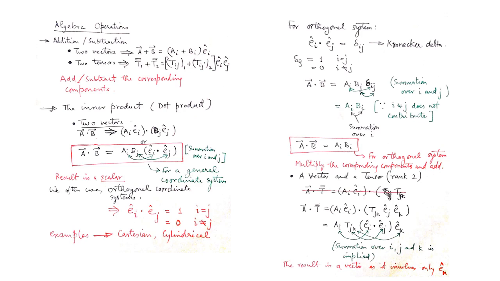As I said, a_i and T_jk are just magnitudes or real numbers, so they are directly multiplied: a_i T_jk. And notice that you have the pair of unit vectors e_j, e_k, which are basically unit dyads. Since e_i is written on the left of this unit dyad e_j e_k, the dot product is between e_i and e_j and not e_i and e_k.